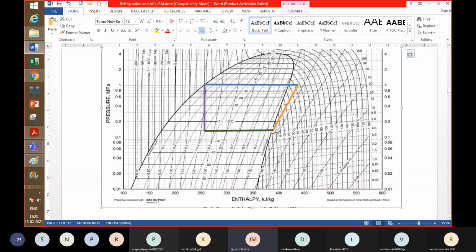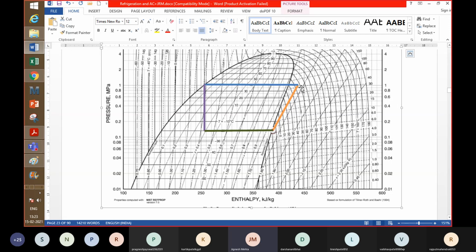If you already started going through that and doing calculations, you might have realized that the pressure that you read on the pressure gauge, if you find the corresponding saturation temperature, it was somewhat less than 0 degrees, which was the evaporator outlet temperature. It means that it's not exactly coming out at this point, but it is slightly superheated, right?